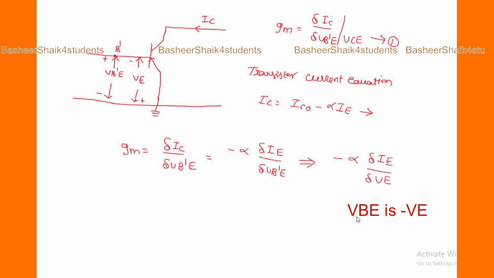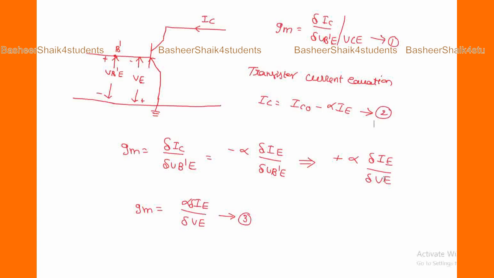So we can simply represent that Gm equal to change in the alpha IE by change in the VE. Now let's consider this as equation number 3.